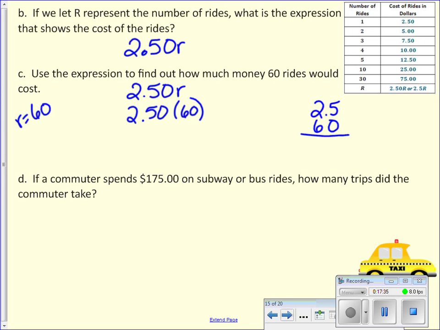This is where it might be easier to drop the zero. One digit for the decimal. So 150, and then you label your answer. So it's $150 for 60 rides.